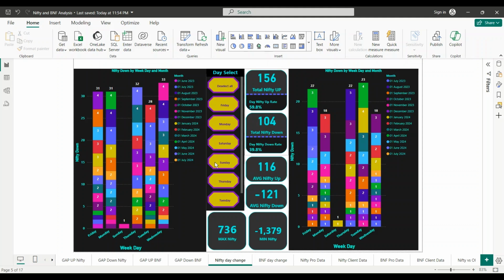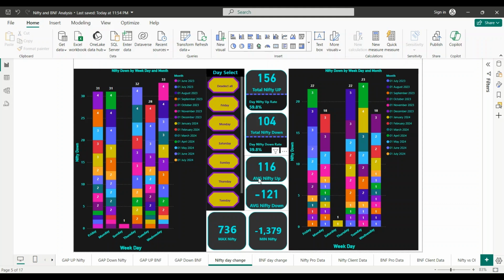It also gives you additional information: the average positive change for the past 1 year is 116. Nifty moved on average 116 points up and 121 points down per day. The maximum it moved was 736 points up in a day and 1300 points down. This is the election results effect.